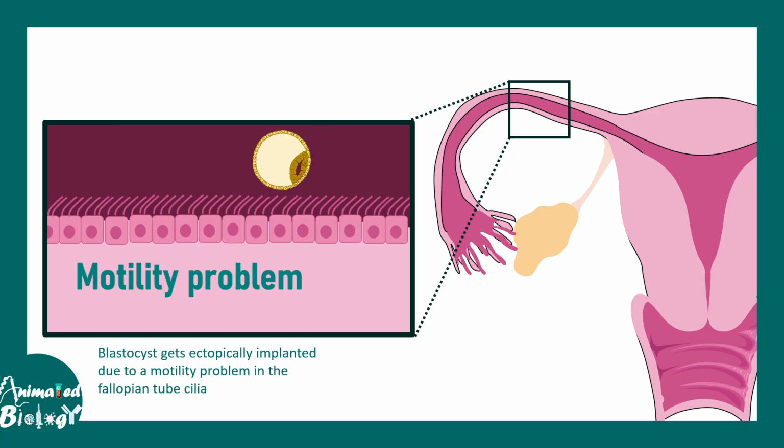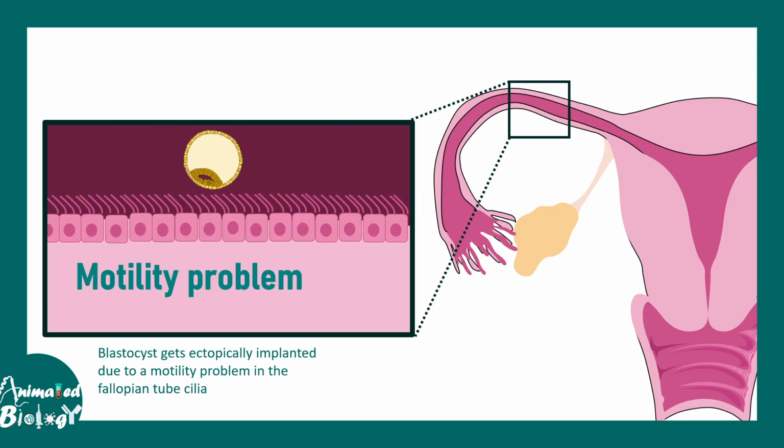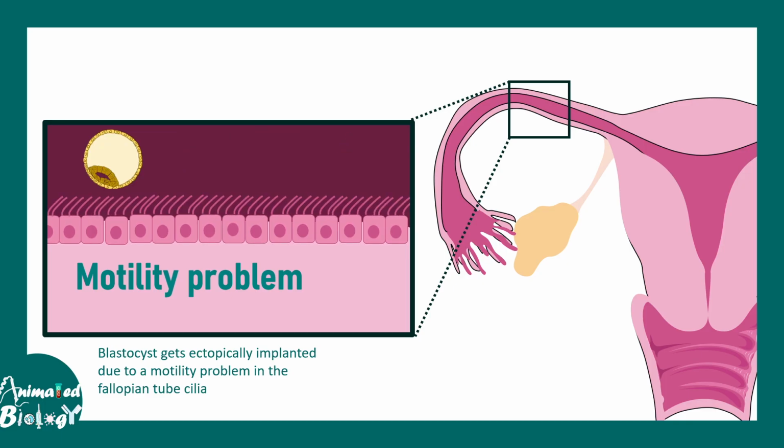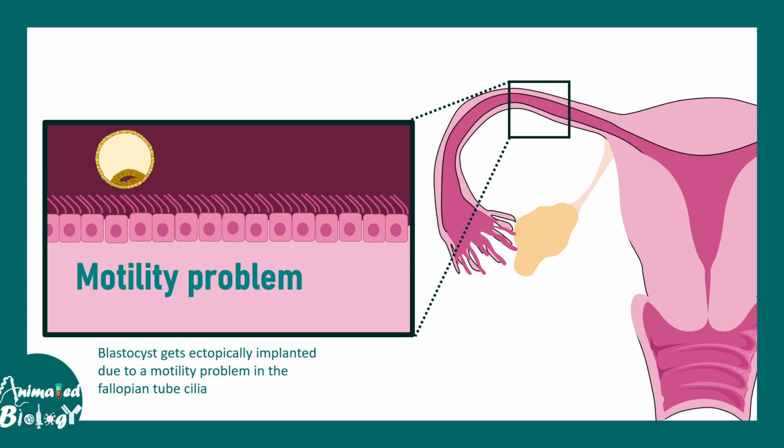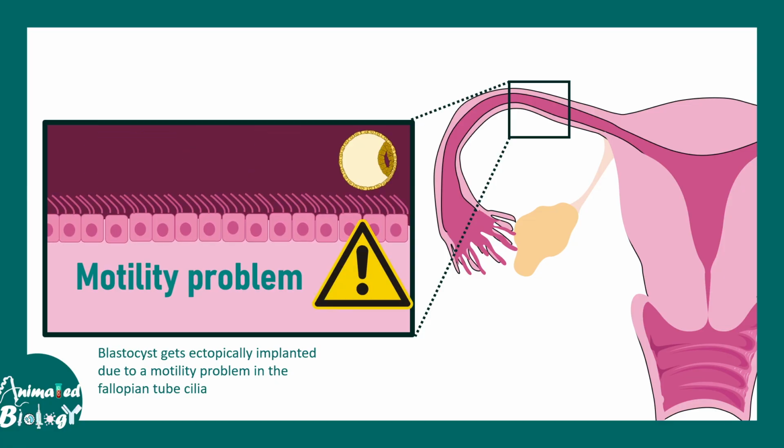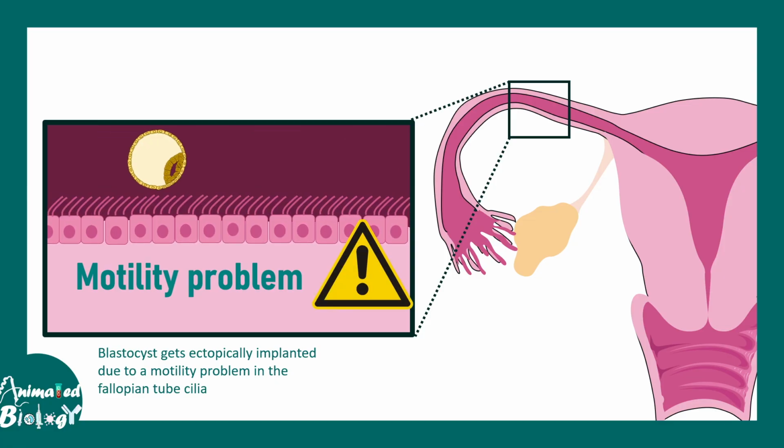Before that, you have to understand why the blastocyst cannot reach the uterine cavity. It could be a motility problem in the fallopian tube itself. There are cilia, hair-like projections all over the fallopian tube cells, which propel the blastocyst towards the uterine cavity. In many cases, this function is altered or not adequate.